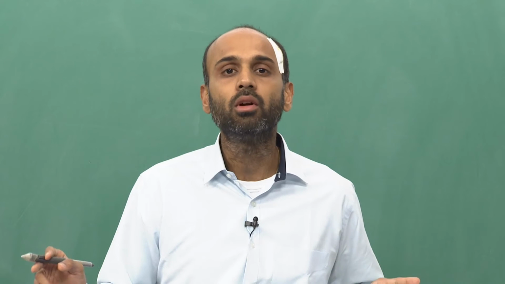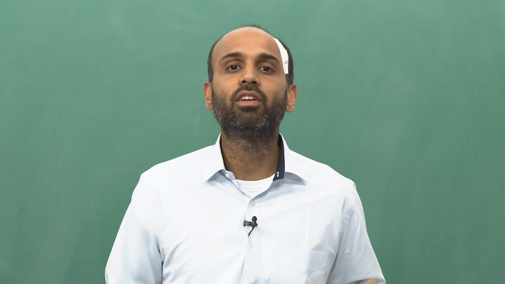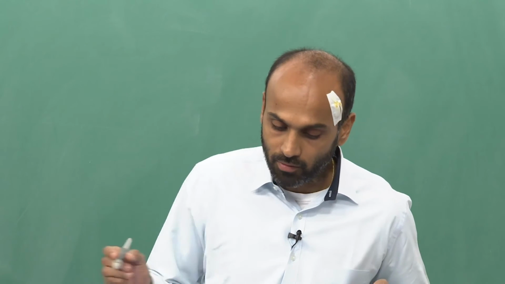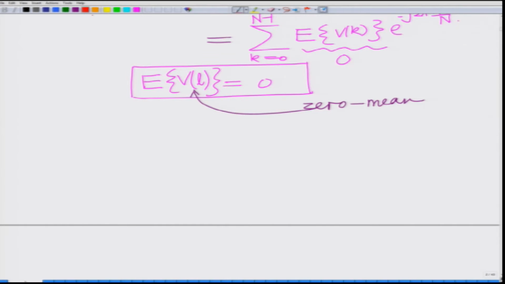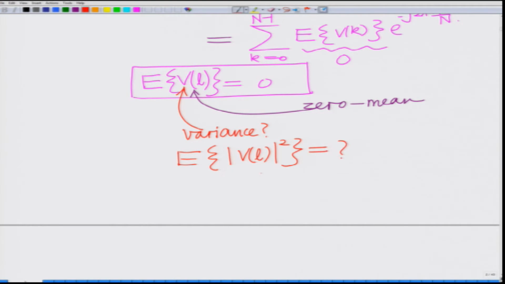Now, it remains to deduce the variance of each VL. So, we want to ask the question, what is the variance of each VL, that is expected value of magnitude of VL square. What is this?